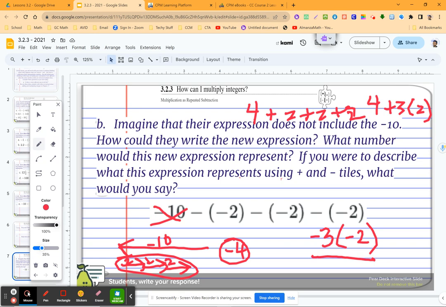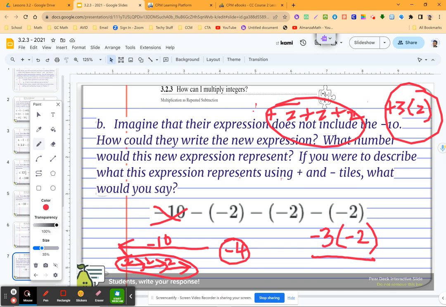So if I take that 4 away from this, I basically have 6, which is 3 groups of 2. So I'm adding 3 groups of 2 pretty much to nothing, to 0. So this is how we can show multiplication of positive numbers.